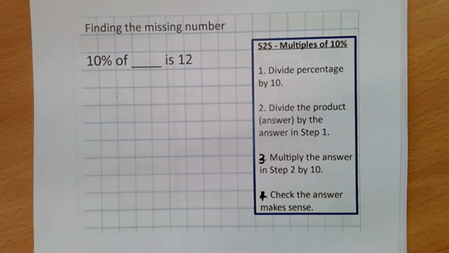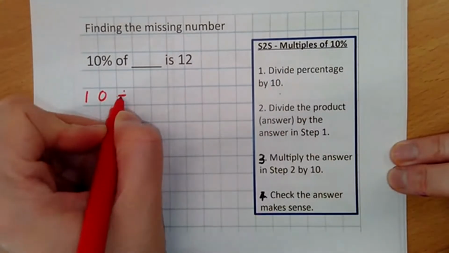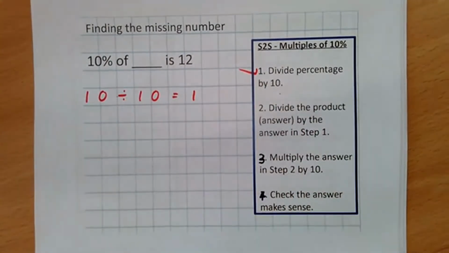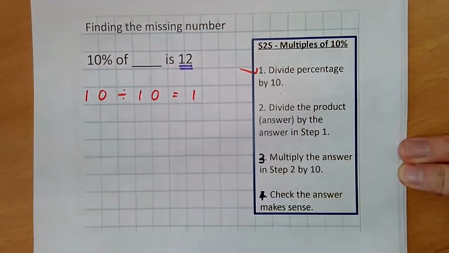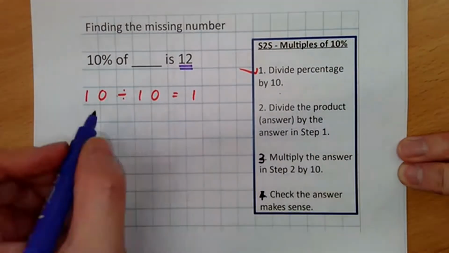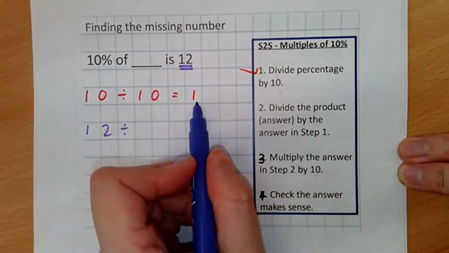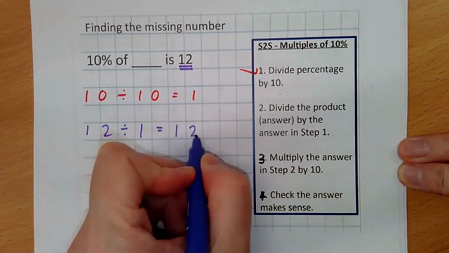So first of all, I'm going to divide percentage by 10. 10 divided by 10 equals 1. Next, I'm going to divide the product, so it's this, the answer, by the answer, so 12 divided by the answer in step 1. So my answer in step 1 is 1. 12 divided by 1 equals 12.